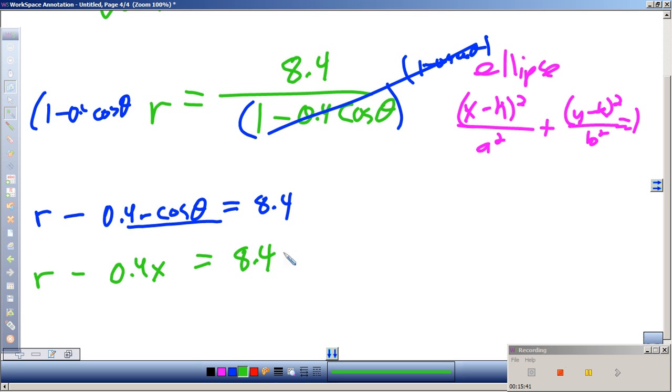Then you just add 0.4x to the other side, so we get r equals 0.4x plus 8.4.